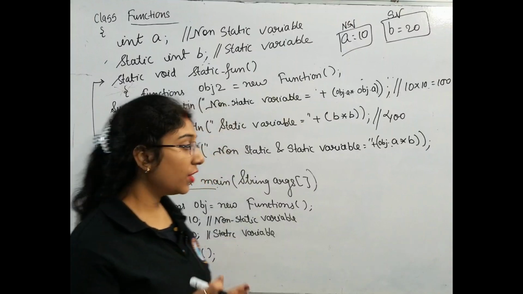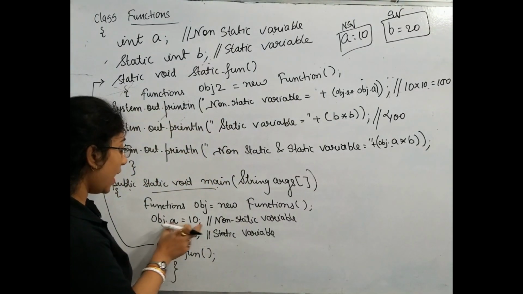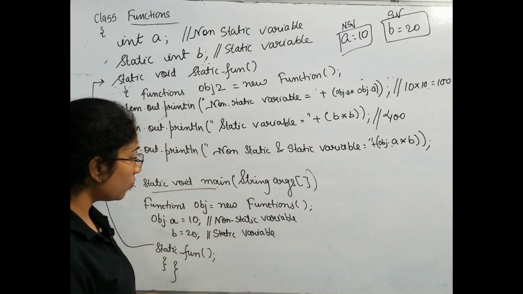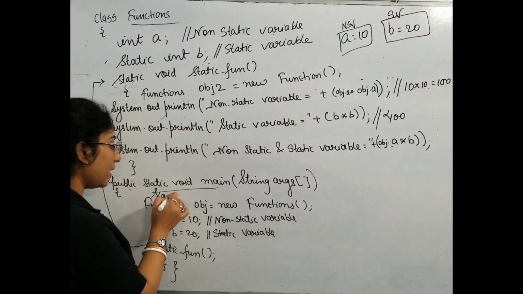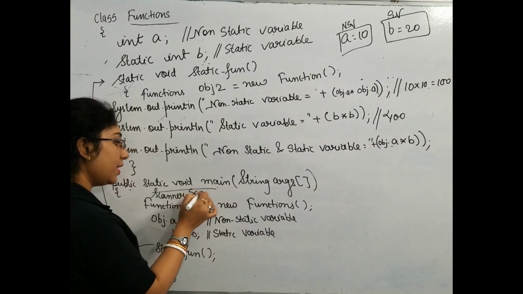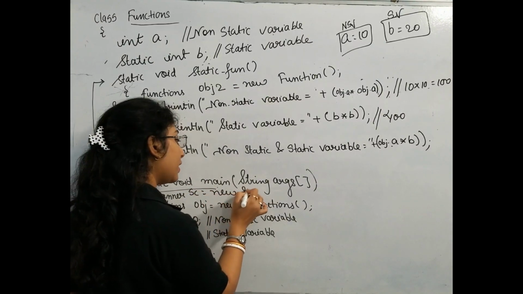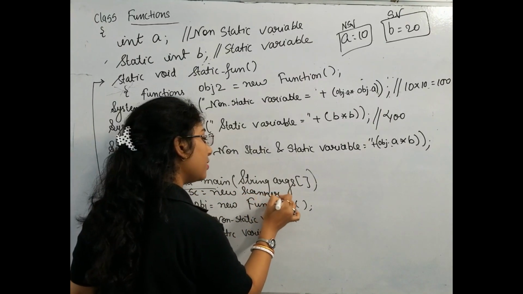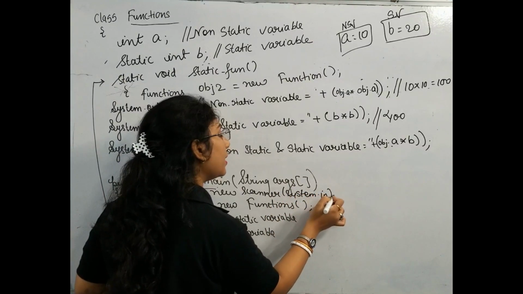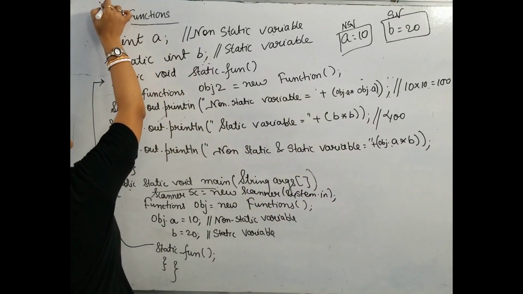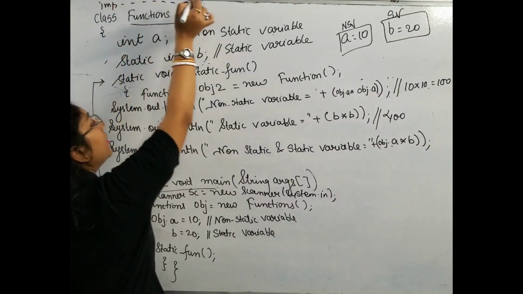Clear? In the same way here, as you can see, I have A and B. Here you can use the Scanner class also. For that, you will need to write Scanner sc equals new Scanner(System.in). Here you will need to import java.util, all these things.